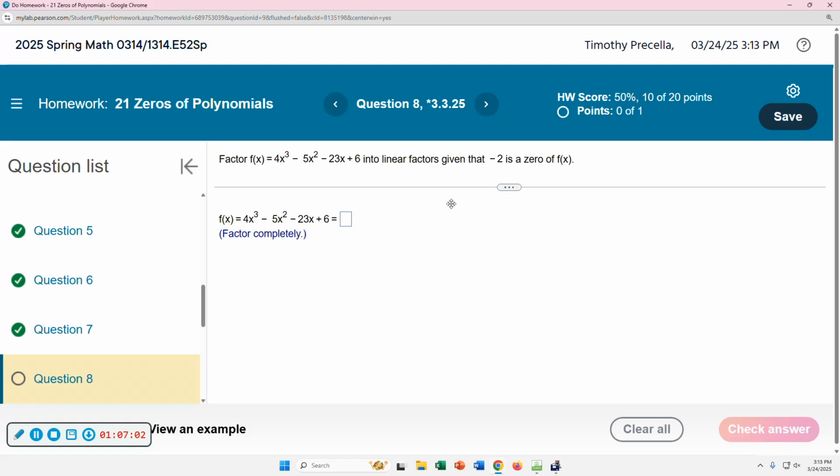And what do they tell us is a 0? Negative 2 is a 0.